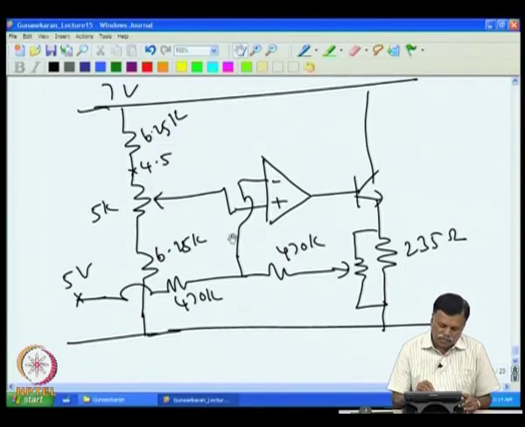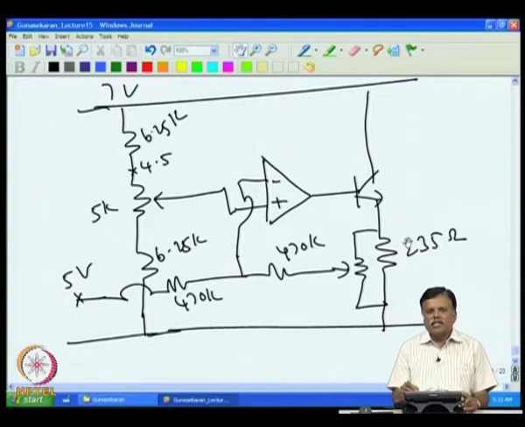If 1.5 millivolt have to change here, then we know 3 millivolt have to change here, because 1.5 millivolt change will come only if it is twice the change here, because we have 1:1 here. So, we have a 3 millivolt change expected here. Then 3 millivolt divided by 235 is the current change that is required. That is how we have to calculate the current change.